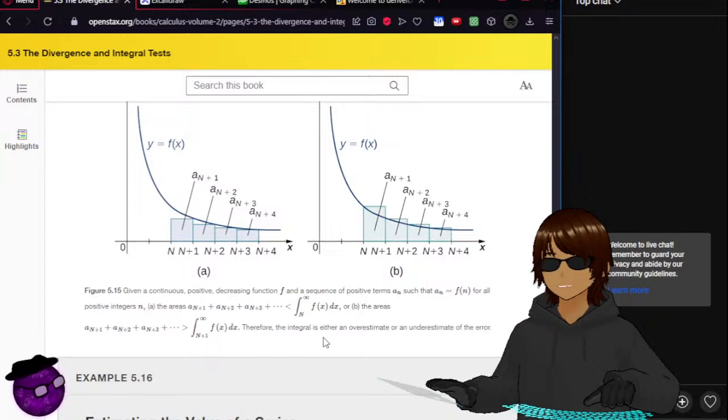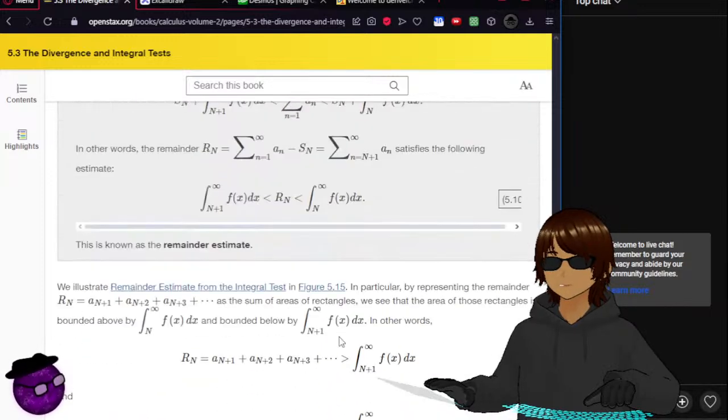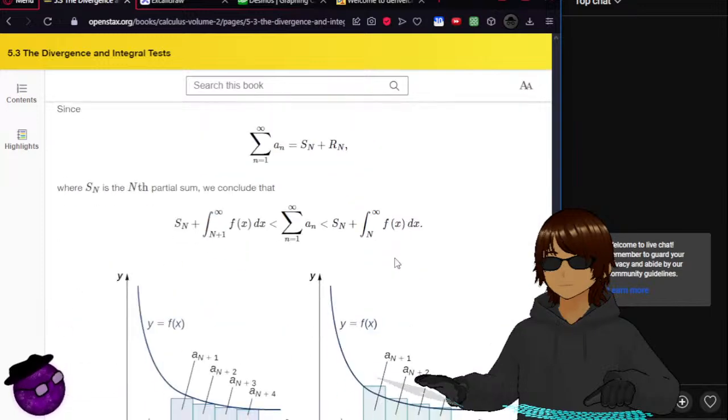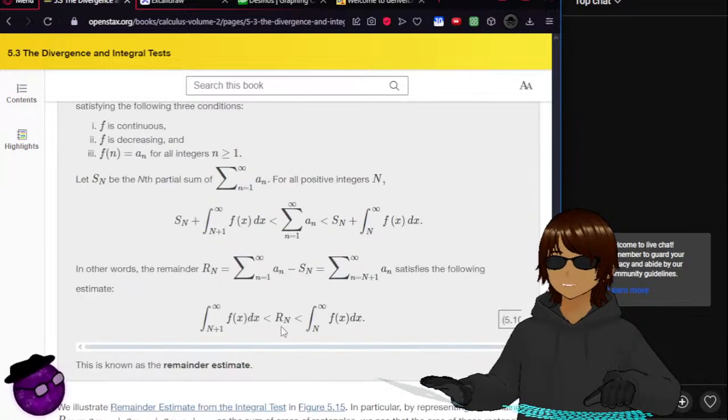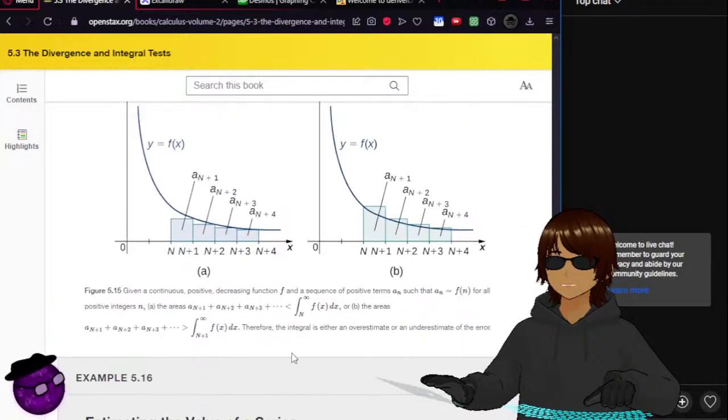Therefore, the integral is either an overestimate or an underestimate of the error. Oh, I was focusing on the wrong thing. R_n is represented by the integral, right?